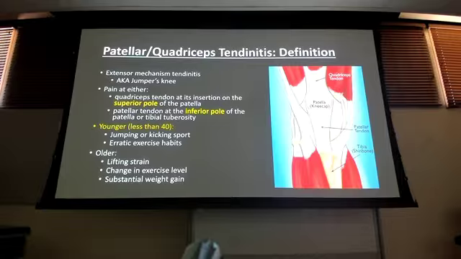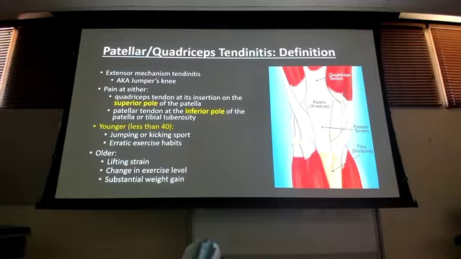Where is the patella tendon? That's the inferior pole. You see what I'm getting at? Reading the question carefully can tell you a lot. If it uses words like tibial tuberosity, you know you're not talking about the quad tendon, correct? That's an example of what I'm talking about. So understand those definitions.